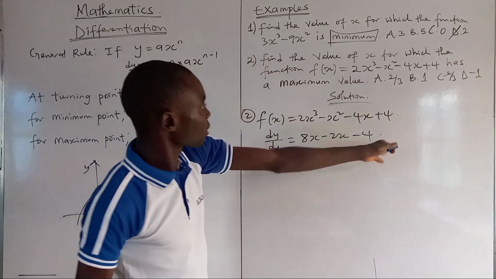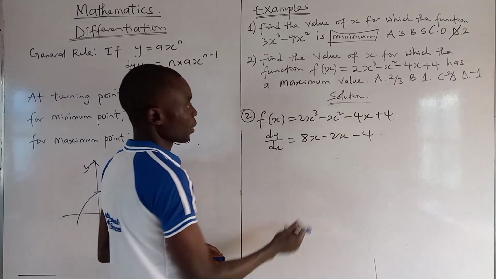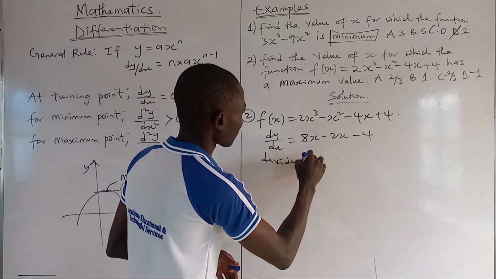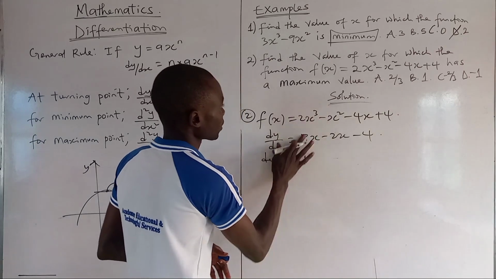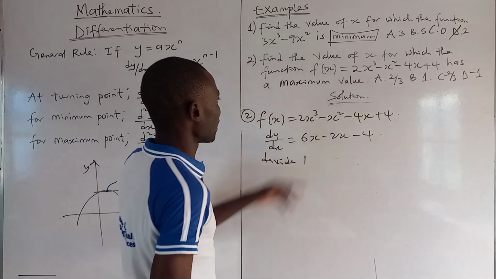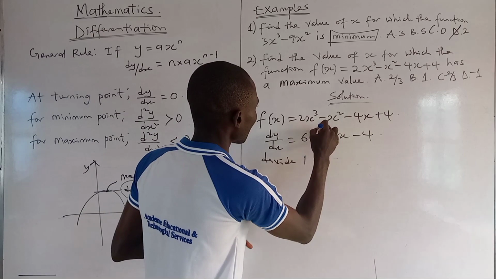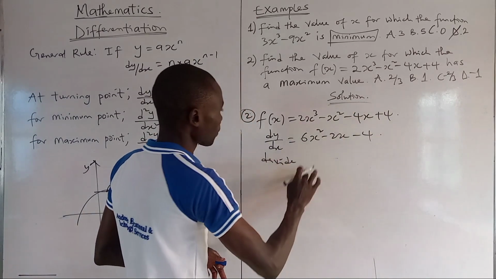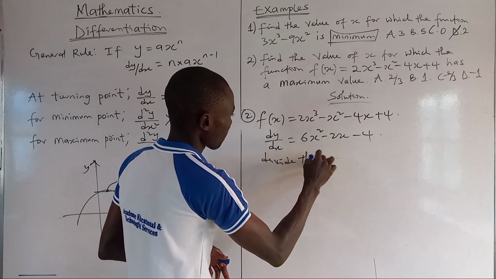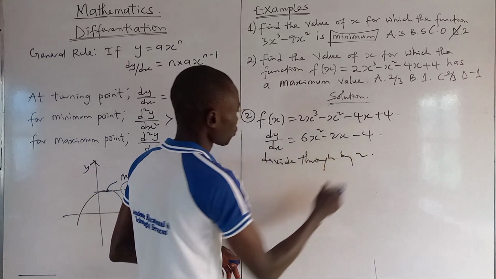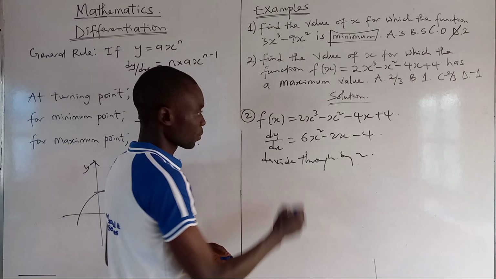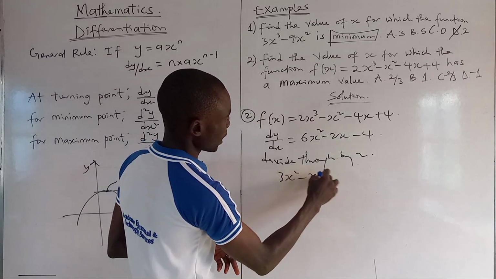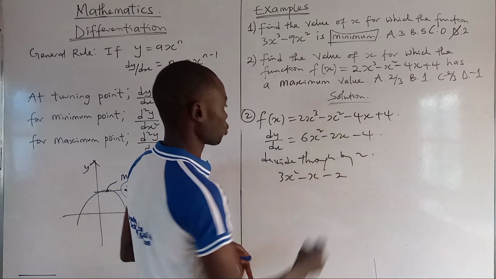You can simplify this since we see that 2 is common to all terms. You simply divide by 2 so that we can simplify this function. We are going to have 3x squared minus x minus 2.